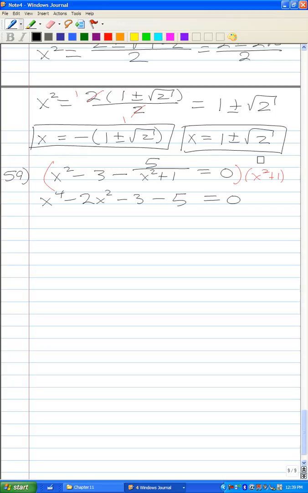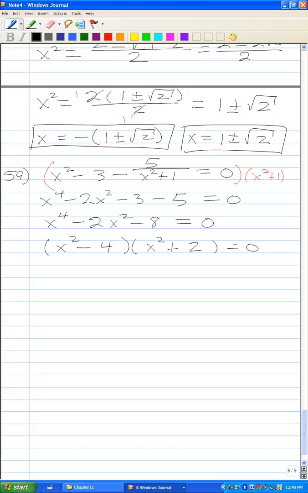So I have here x to the fourth plus x squared minus 3x squared is a negative 2x squared minus 3. Combine like terms, so I get x to the fourth minus 2x squared minus 8 equals 0. Let's try to factor this. Bring down the minus. Minus times minus is plus. I want two whole numbers whose product is 8 and whose difference is 2. 4 and 2.